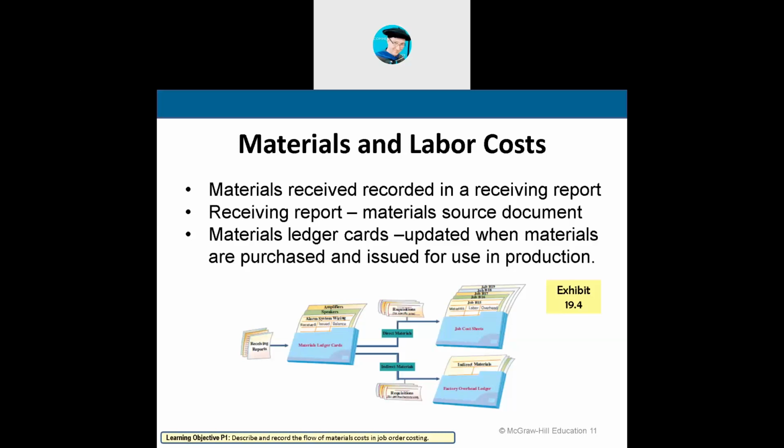As we use the materials, the employees fill out what's called a requisition form, requesting a certain amount of raw materials from the raw materials department through a requisition form. That requisition form is recorded on the job order cost sheet under the materials, under the direct materials amount.